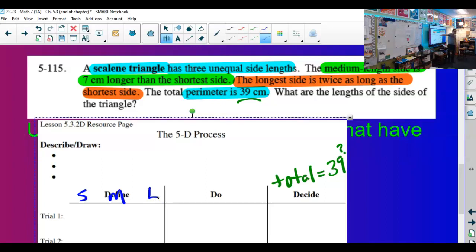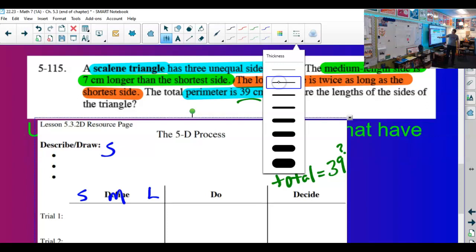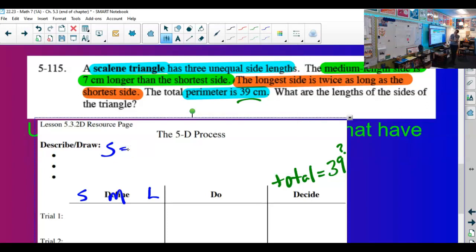But remember, up in the describe, what did they tell us about the shortest side? It's 7 centimeters shorter than the medium side. So we could use that statement for the medium side. If I talk about the medium side, what would I say for M equals? How would I write 7 centimeters longer than the shortest side?